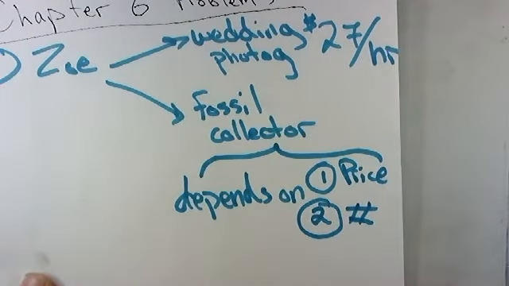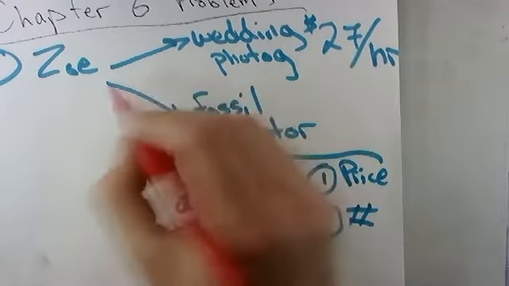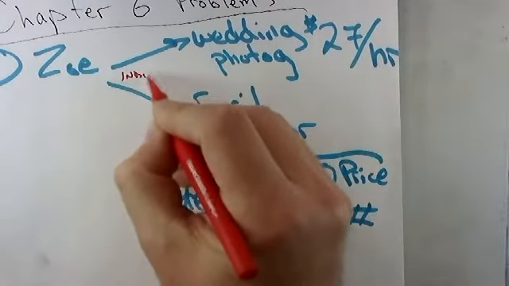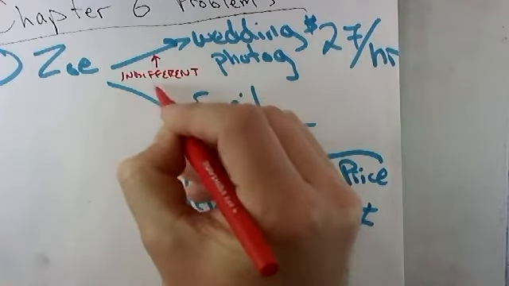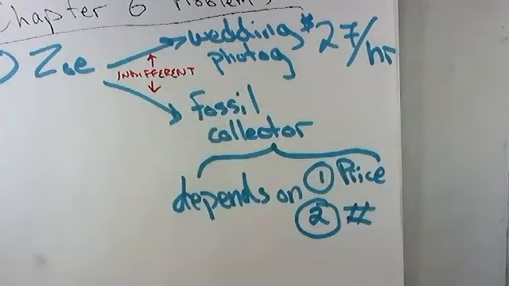And so we're given some information about that. We're told that, earnings aside, Zoe's actually pretty indifferent between doing this one or that one. So either one's fine, and we're given some information that's going to help us make this decision.